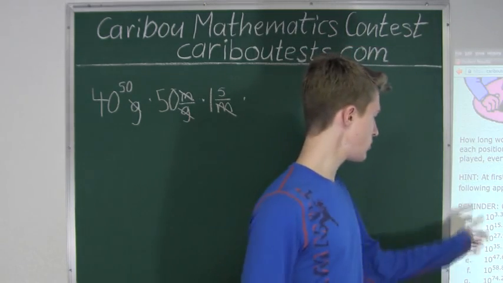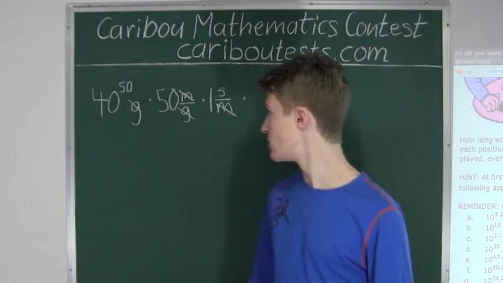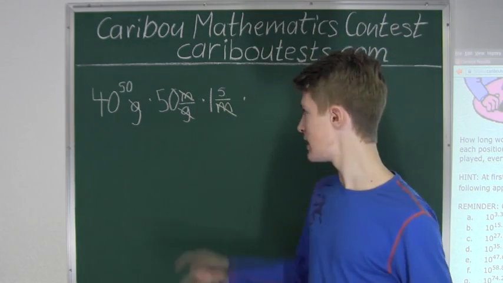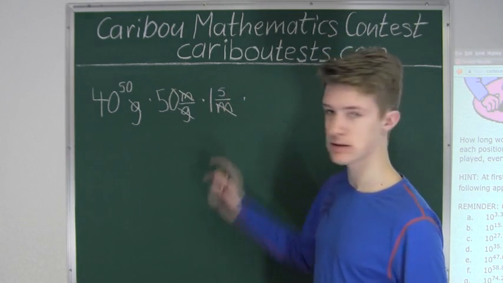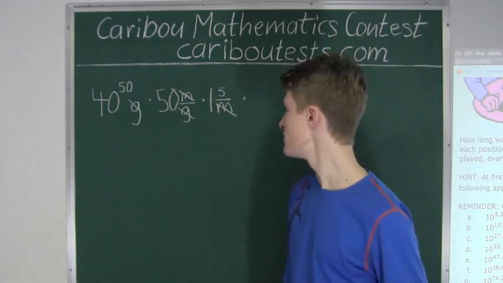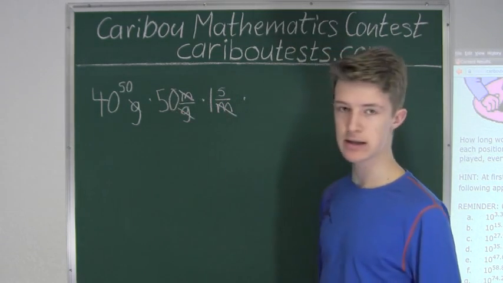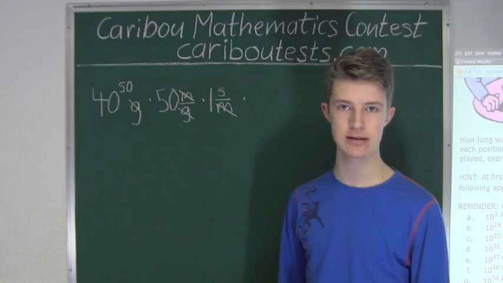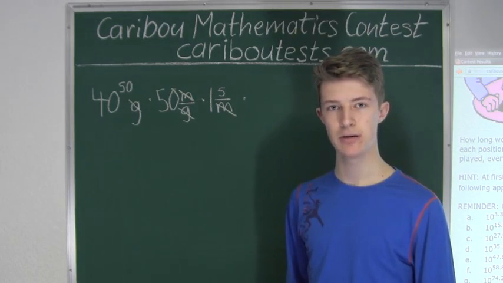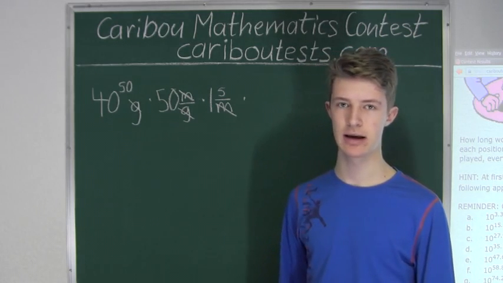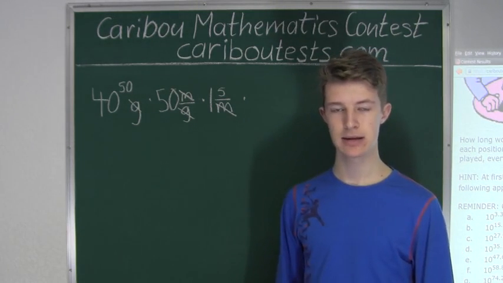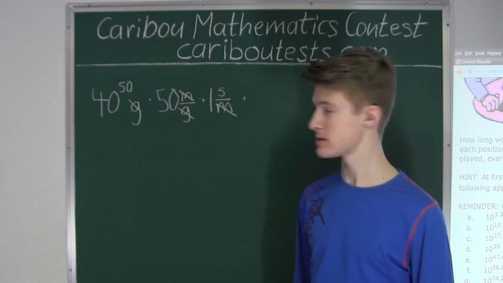Okay. But now we want the options in years, and right now we have seconds. So let's go to the next bigger unit than seconds, which is minutes. To get to minutes, we would divide by 60, because there are 60 seconds in a minute. But we want hours now. There are 60 minutes in an hour, so 60 times 60 is 3,600.